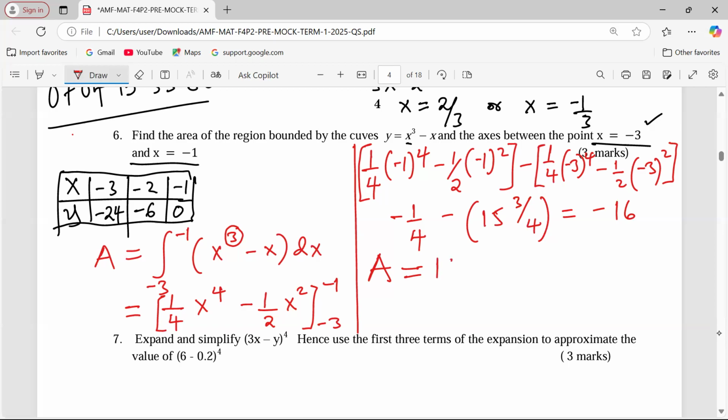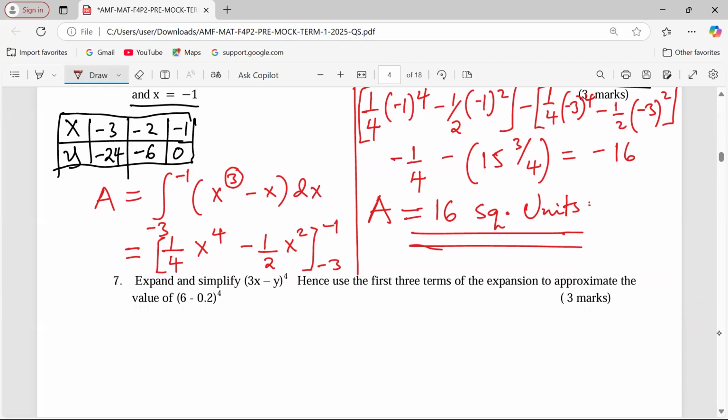Therefore, we talk about 16 square units. So you take the absolute value. The negative is just to indicate location of the area. When you get negative area after integration, that area is on the lower side of the x-axis. And according to the sketch that we had, we could see that truly it was on the lower side of the x-axis.